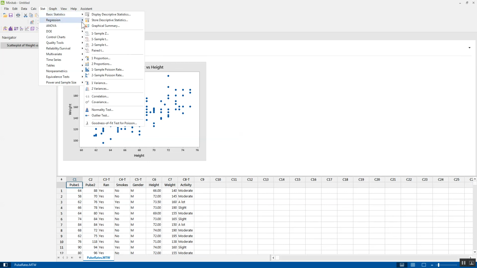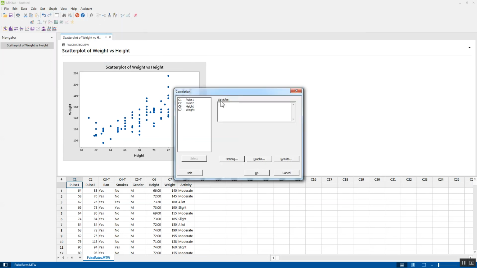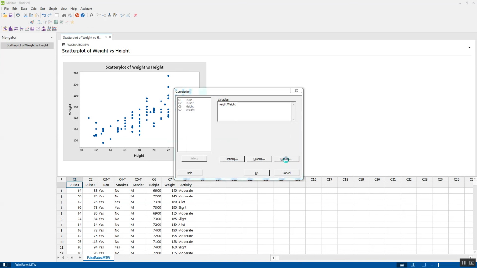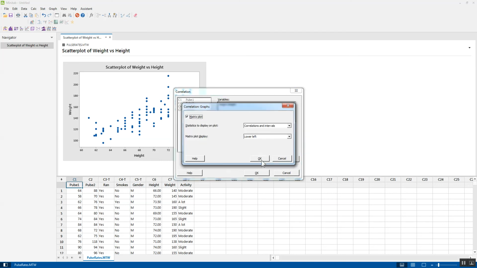Now, in Minitab 19, the correlation menu seems to have changed a little bit. Don't quite know why they did that, but they have done. So we want to do then correlating height and weight. You go into the options. Yes, we're doing the Pearson correlation rather than the Spearman. And in the results, we can graphs. Where's it gone?